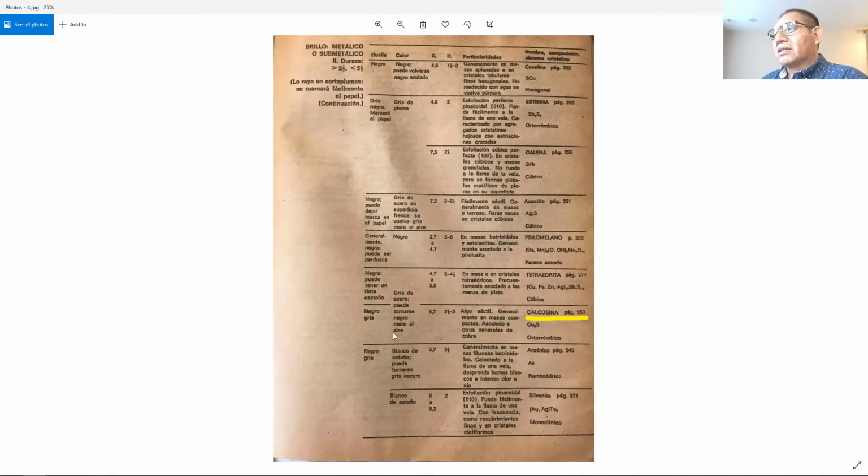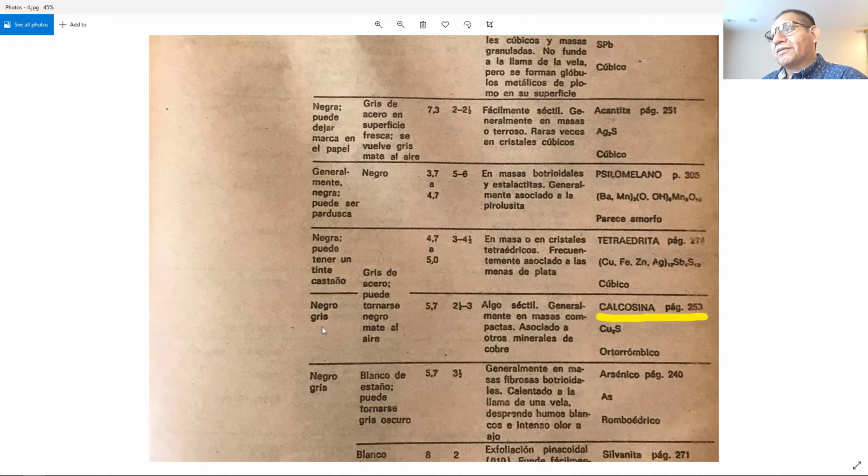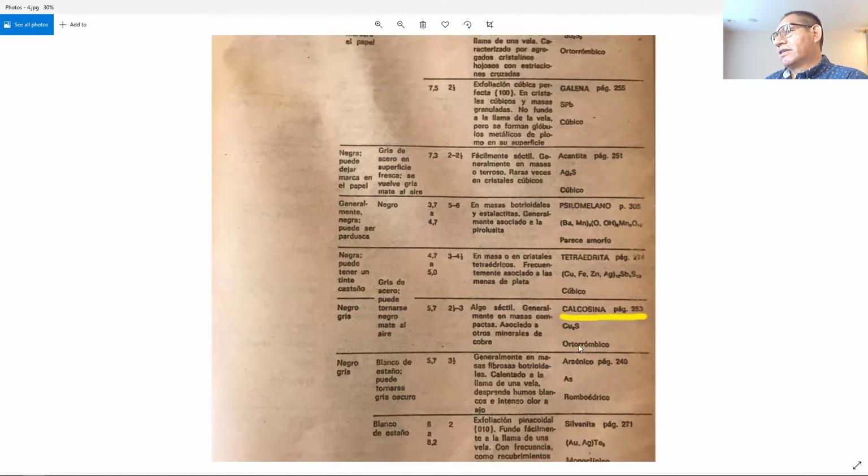The streak of the chalcocite is black or gray. The metallic gray could change to black when it's exposed to the air. The hardness is 2.5 to 3. That's the metallic one, but chalcocite is less than 2.5, and it's a copper sulfide.